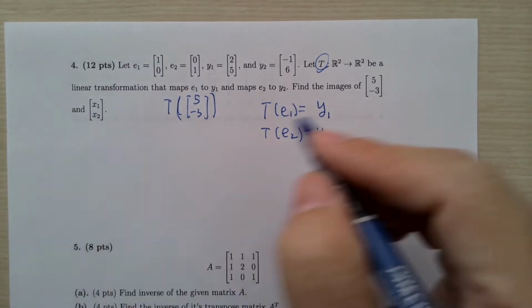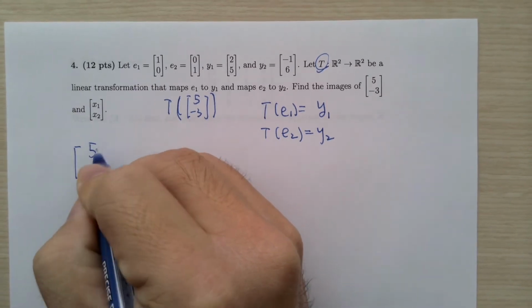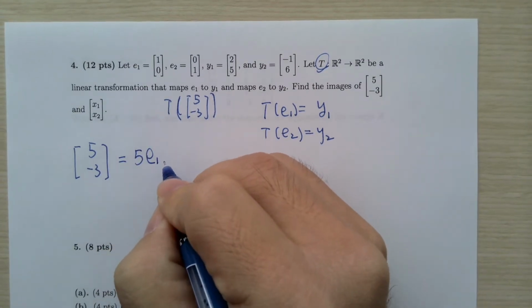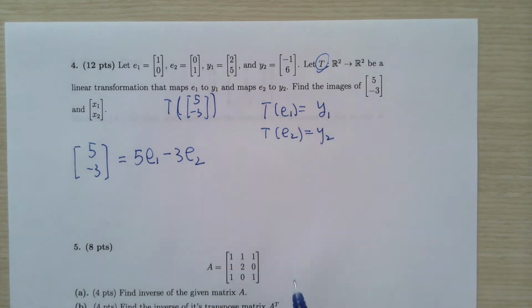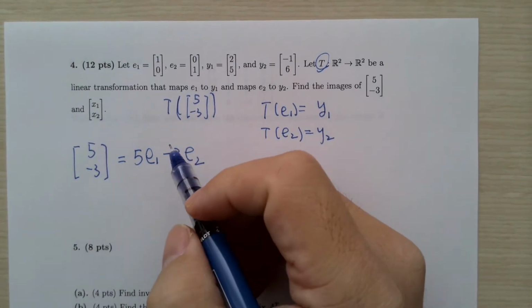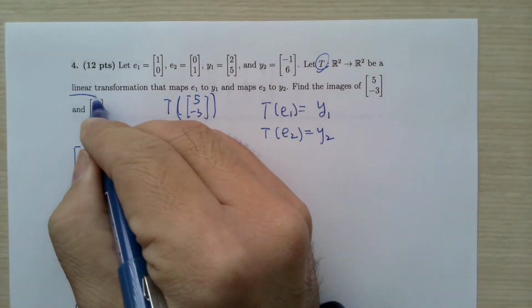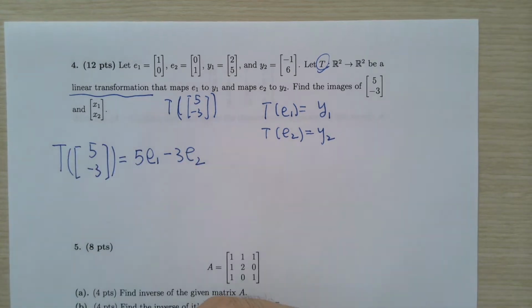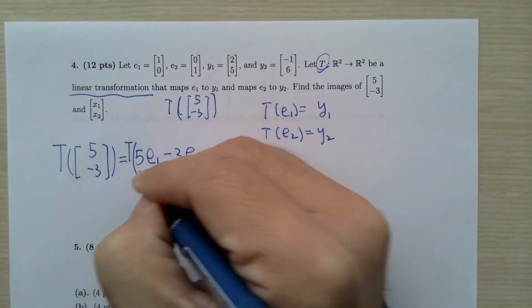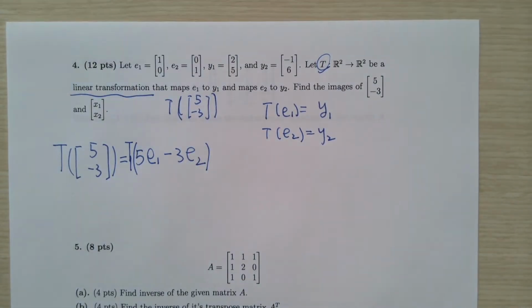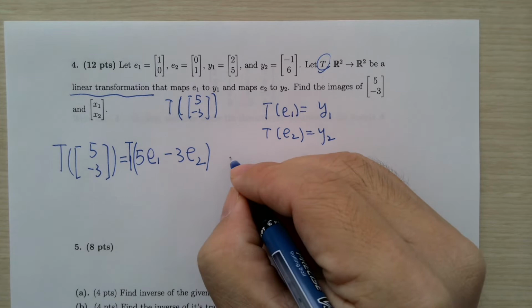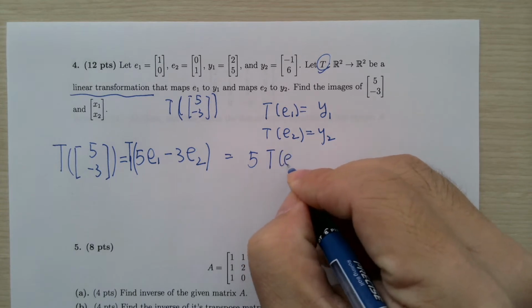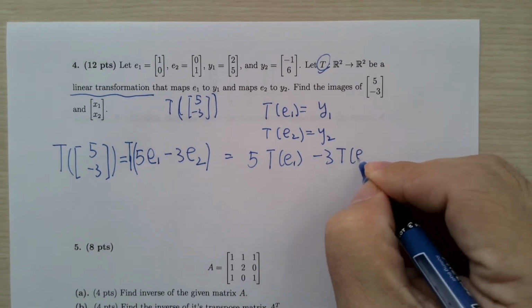So the thing is, this vector (5, -3) actually can be represented as 5 e1 minus 3 e2, right? Because T is a linear transformation, based on its property, T of this vector is going to become 5 T of e1 minus 3 T of e2.